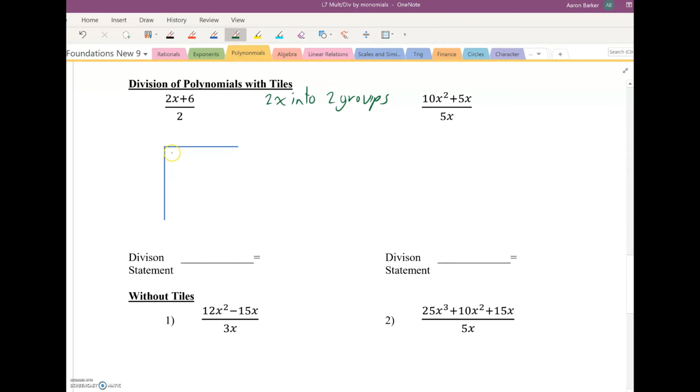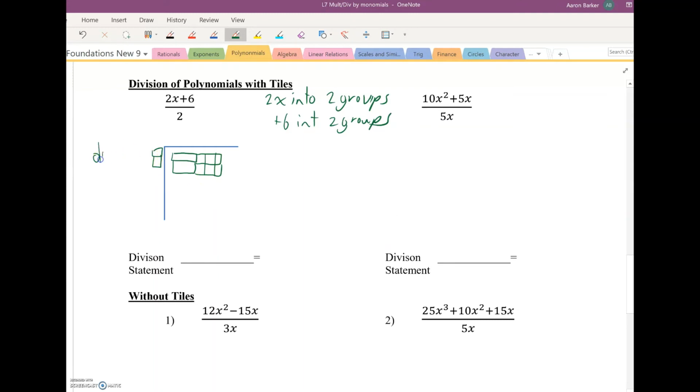So that would be two groups of x. And then you also have to go plus 6 into two groups. And so when you divide by 2, that goes right there.